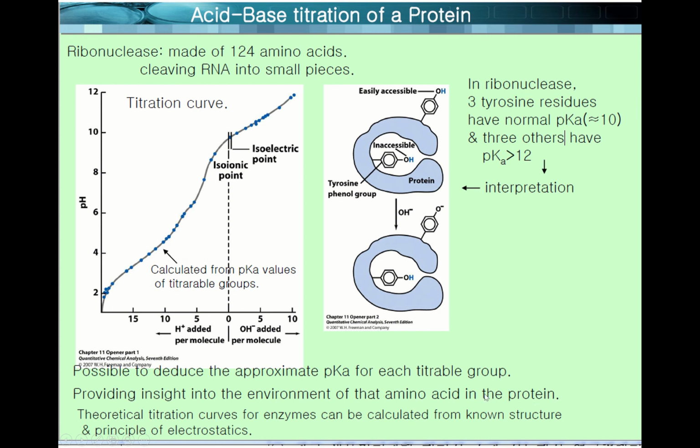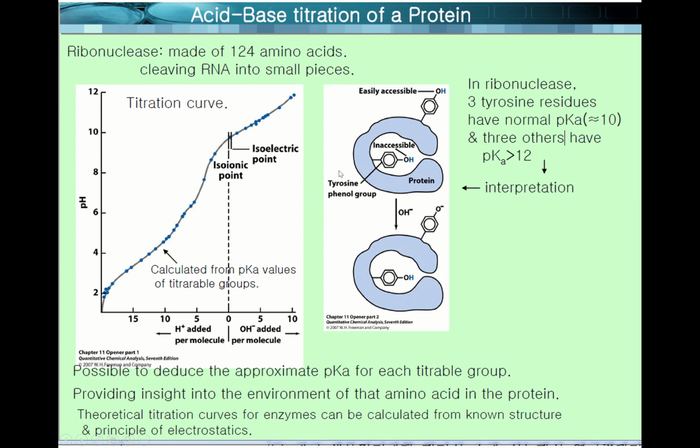So theoretical titration curves for enzymes can be calculated from known structure and principles of electrostatics. But this is a very difficult procedure. When I looked up this paper, it was published a long time ago, but it is not easy.